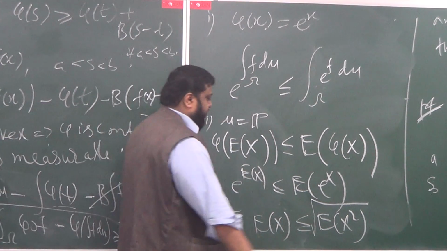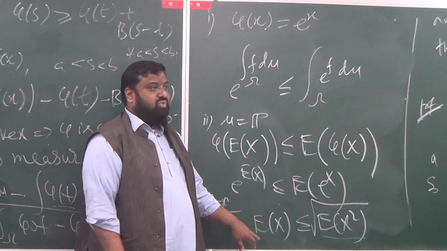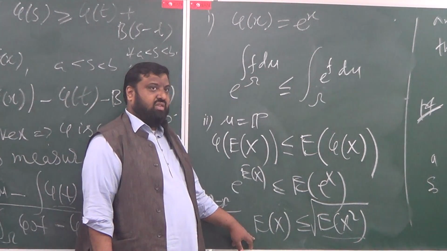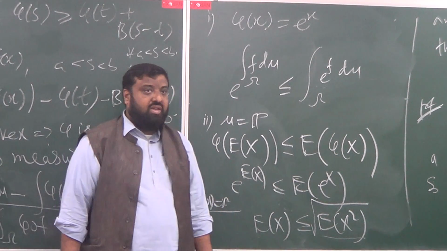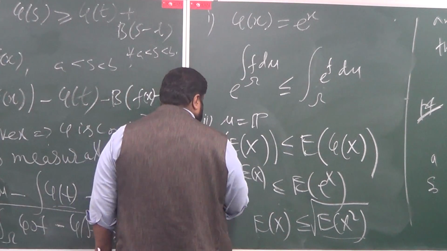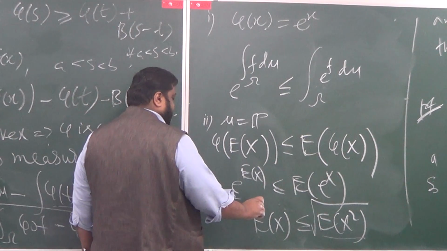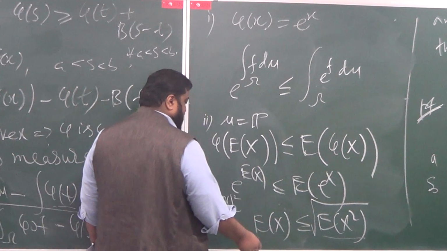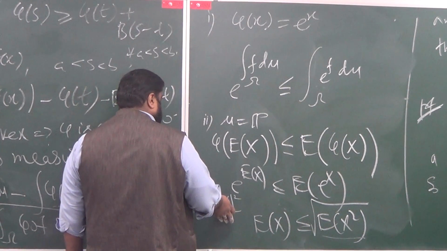What does this show? If something is square integrable, its first moment must exist actually. Is it? The first moment must exist. Even instead of taking a square, if I take the absolute value, what are you going to get?